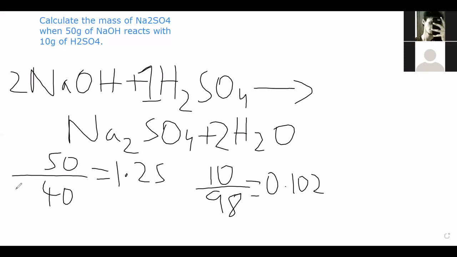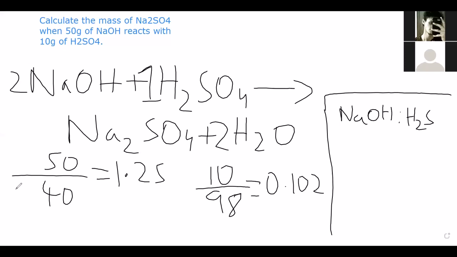Now to find the limiting reactant, we'll use the ratio of NaOH to sulfuric acid, 2:1. We'll write the number of moles of the reactant with the larger ratio, that is sodium hydroxide. So 1.25 moles of sodium hydroxide require X moles of sulfuric acid to be neutralized.